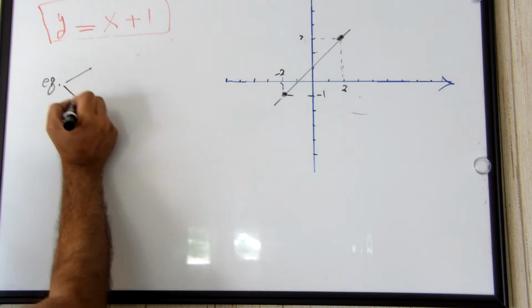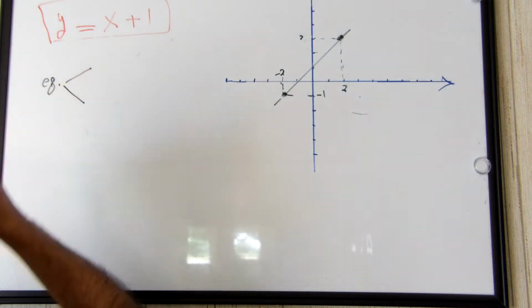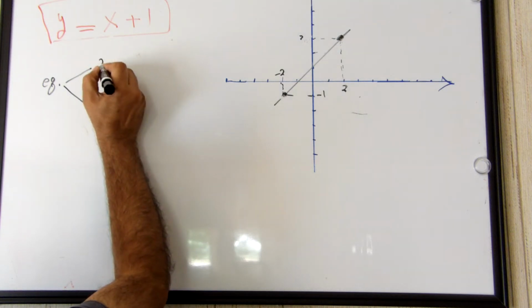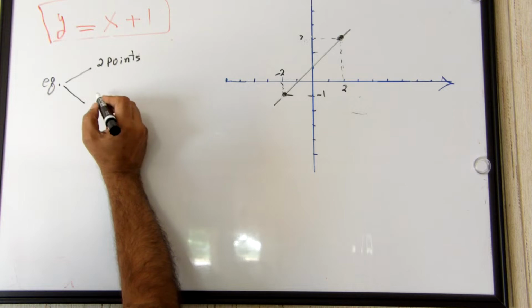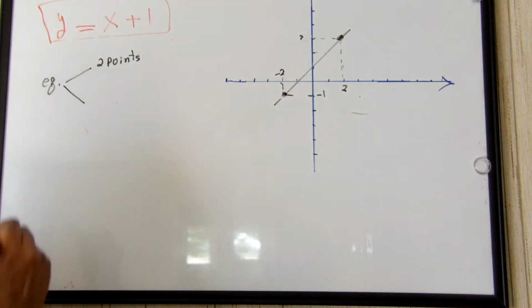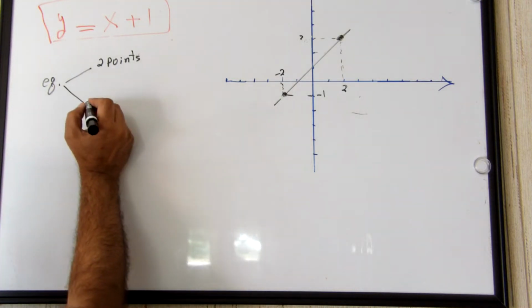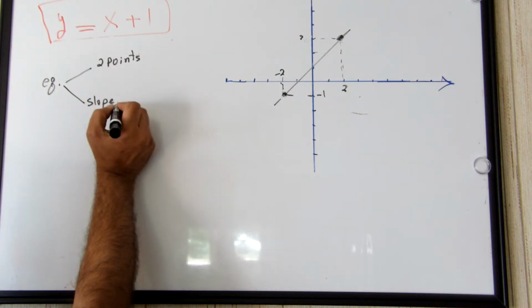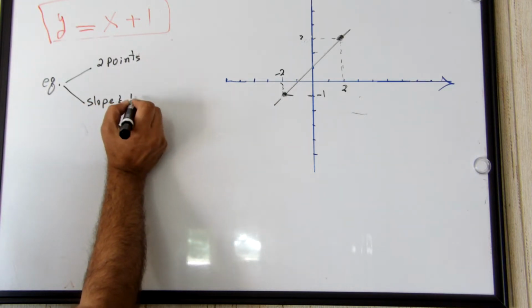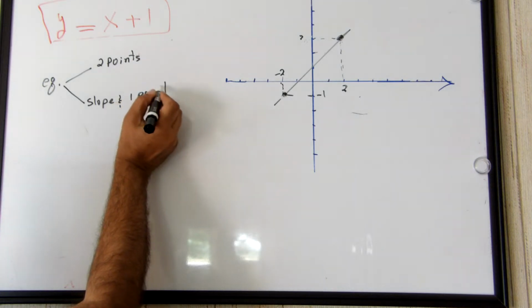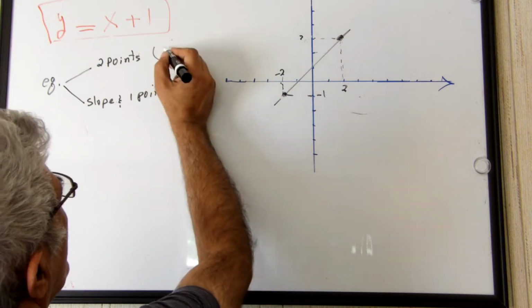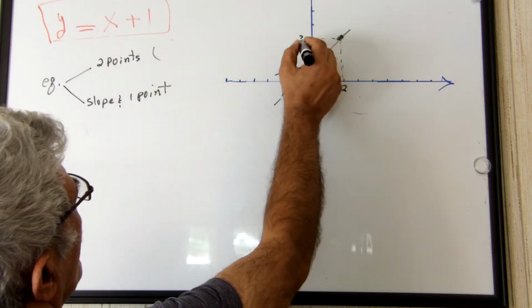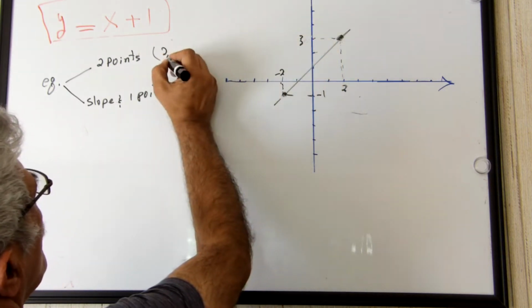To write the equation, there are two ways. One way is they give you two points, or a slope and one point. Here you have two points. Point 1 is (2, 3).